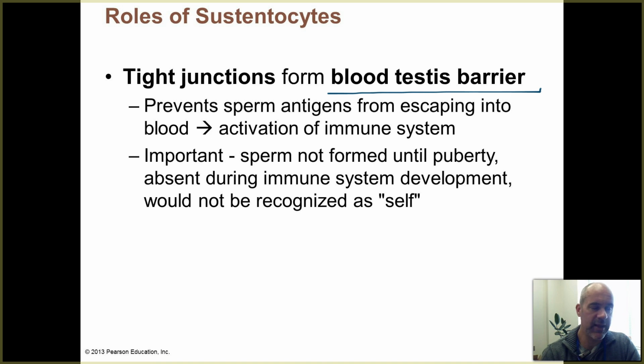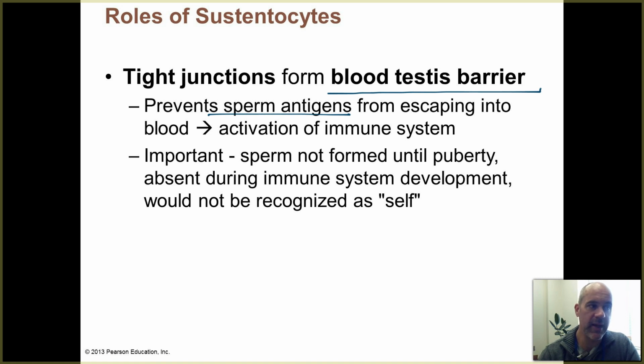And interestingly, that's important because if we didn't have that blood-testis barrier within the walls of the seminiferous tubules, if you think about it, sperm cells don't develop in a male until a male reaches puberty. So the immune system has never seen some of these sperm antigens, some of these sperm molecules have never been detected before by the immune system.